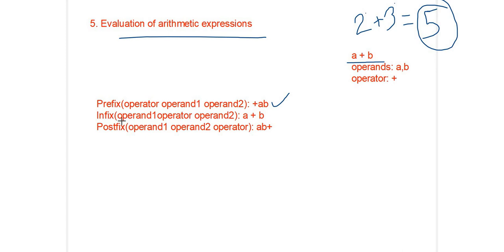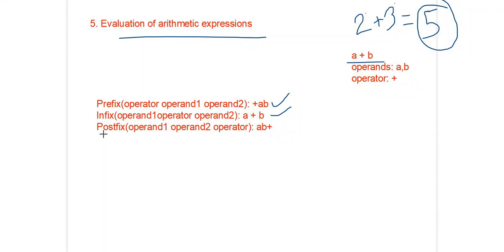In infix notation, operand 1, operator, and operand 2. It means the operator is placed between the two operands. Here we can say infix is a plus b.